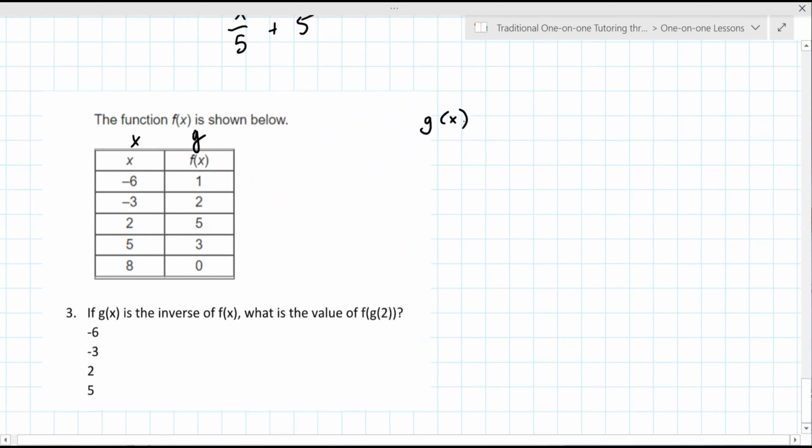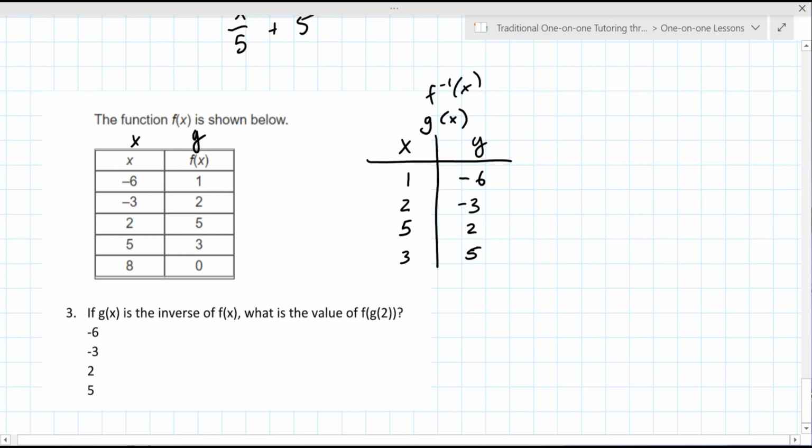So g of x, which is the inverse, you're going to switch your x's and your y's here. So instead of (minus 6, 1), it's going to be (1, minus 6). Instead of (minus 3, 2), it's going to be (2, minus 3). Instead of (2, 5), (5, 2), and so on. You're switching the x's and the y's.